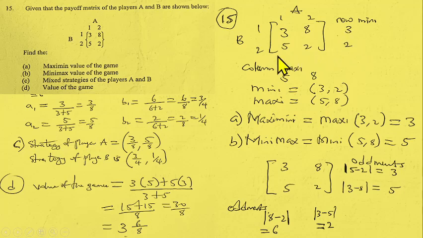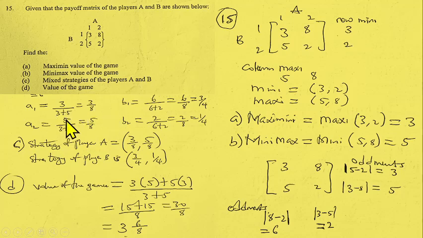So you have this 3 over 3 plus 5. That gives us 3 over 8. I hope you understand that. You are getting the mixed strategy for this element we get here. So you have 3 over 3 plus 5.